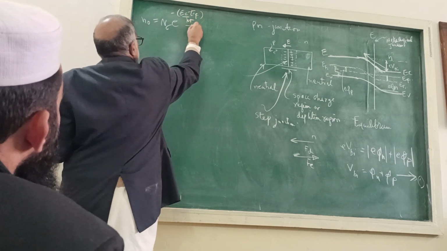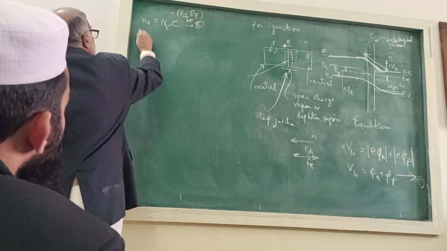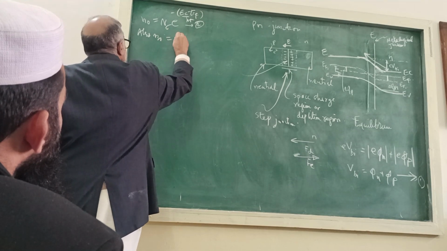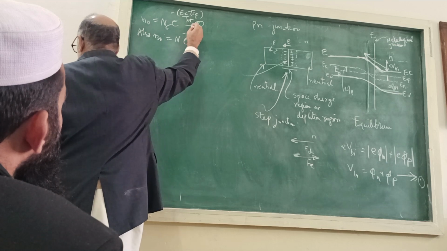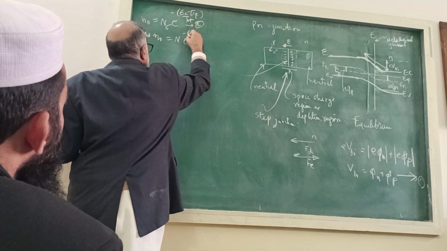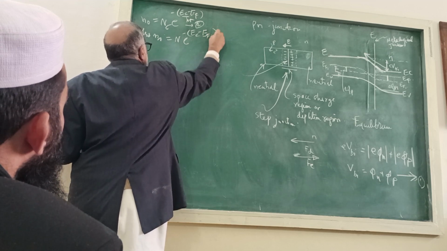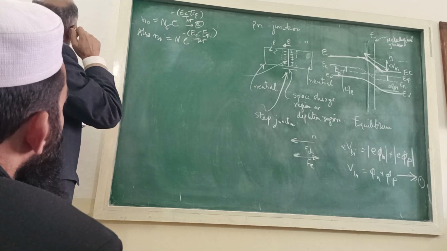That is equation number 2. Also, we know ni is equal to Nc e to the power minus (Ec minus Efi) by kT, when the situation is intrinsic.